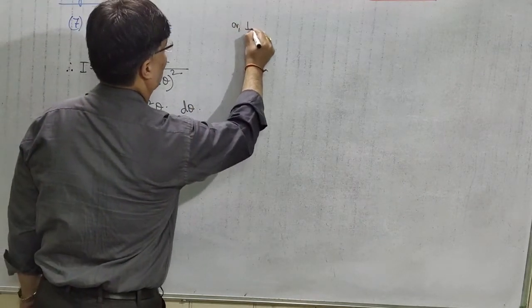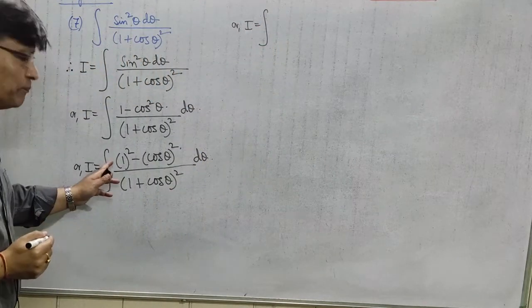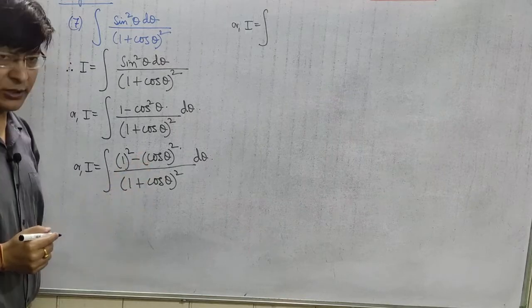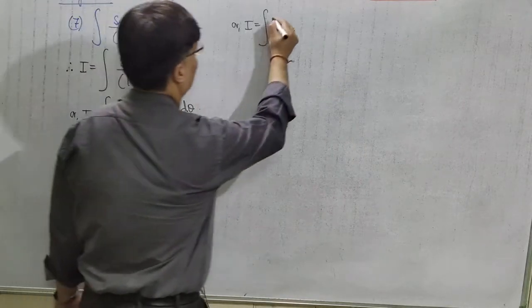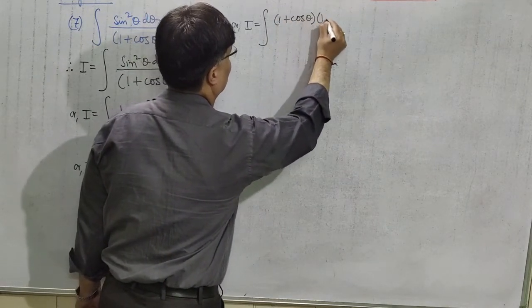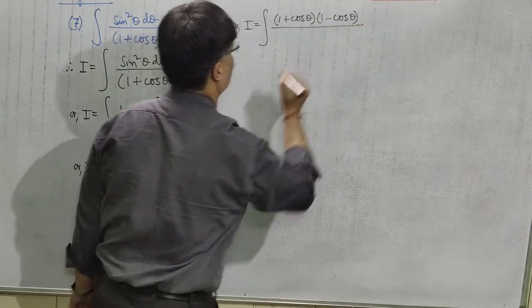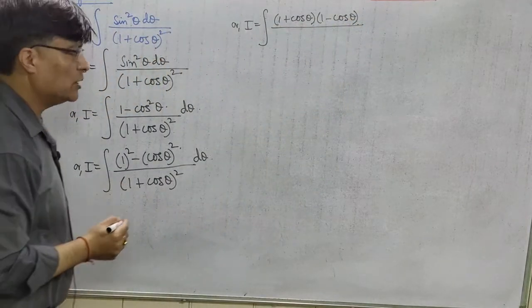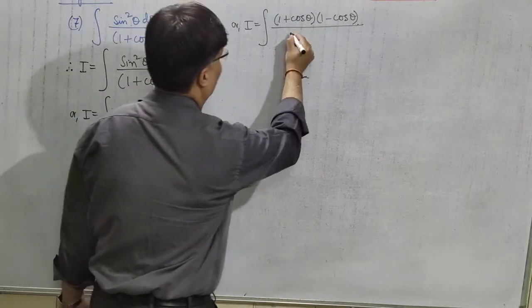Or I is equal to the integration of, in the numerator here, a is 1 and b is cos theta. So it is (a plus b) into (a minus b). So we can write (1 plus cos theta) into (1 minus cos theta) whole divided by, the denominator is kept as it is, that is (1 plus cos theta) whole square.